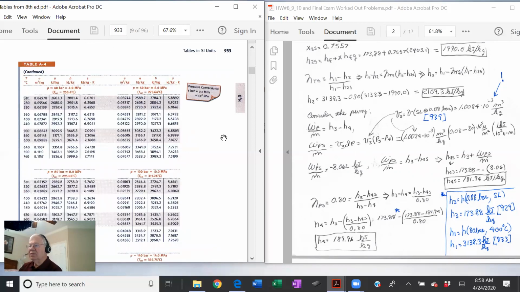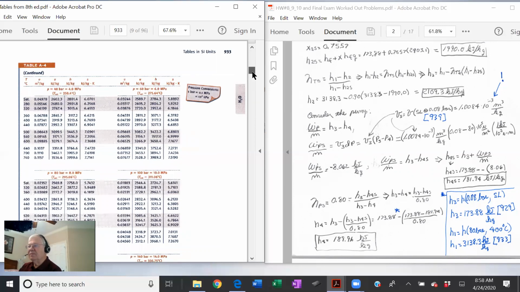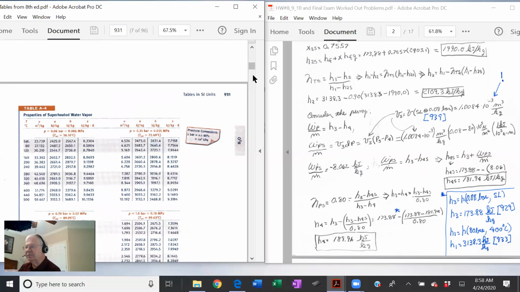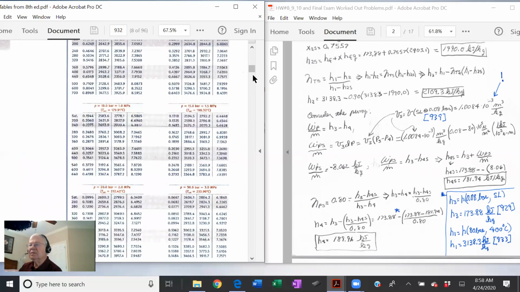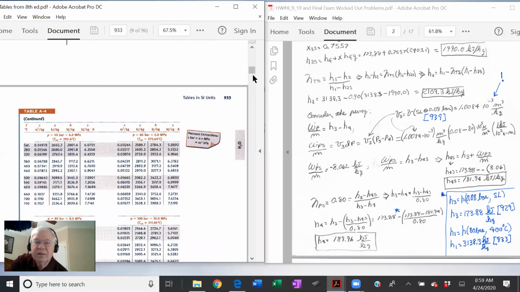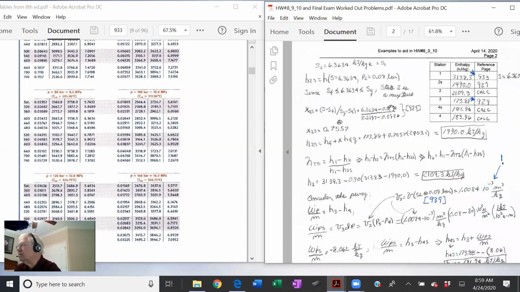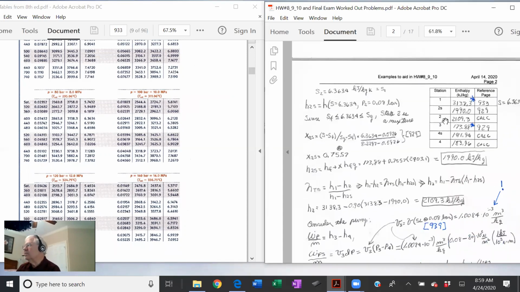All right, so we go down to the 80 bar mini table. 20 bar, here's 80 bar. 80 bar and 400 degrees C. Here's the mini table at 80 bar, which is also 8 megapascal. 400 degrees C. So we look over here and there's H1, 3138.3. And there it is, 3138.3.